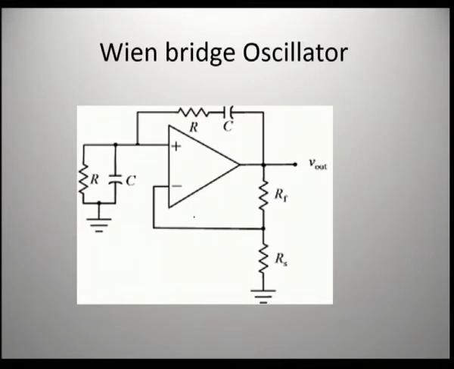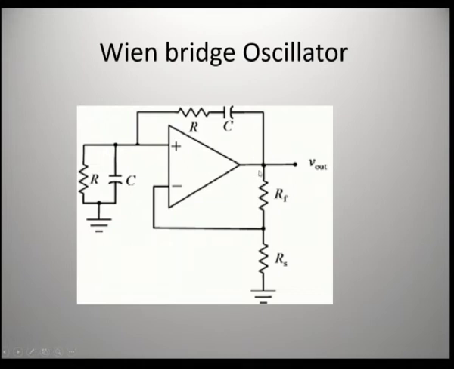So, here what is the feedback given to the circuit? The output of the feedback circuit is given to the positive terminal of the amplifier, whereas in other amplifiers the feedback is always given to the negative terminal.